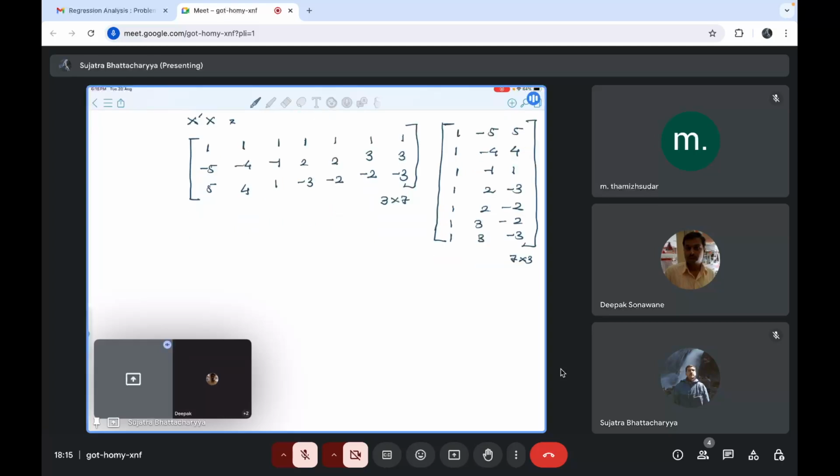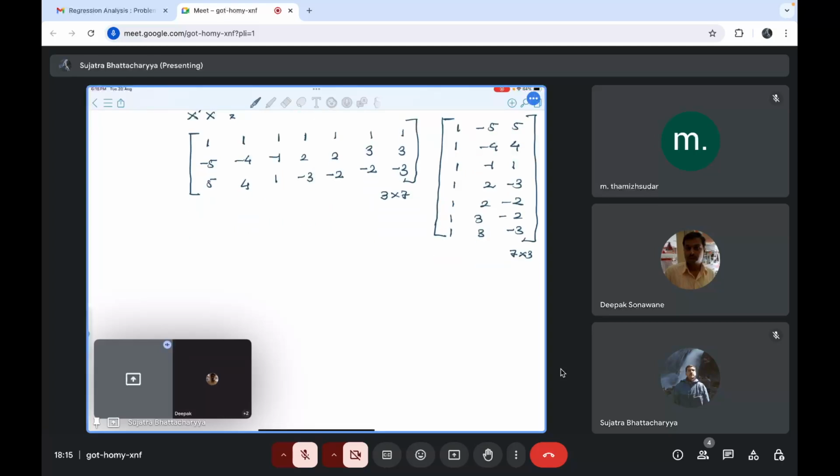Because of how matrix multiplication works, I'll just write quickly the expression of X prime X. If you multiply this with this, it will be nothing but the addition of all, so it will be 7, because there are a total of 7 ones present. The next will be 0, again 0, this will be 0, this is 68, this is minus 67.